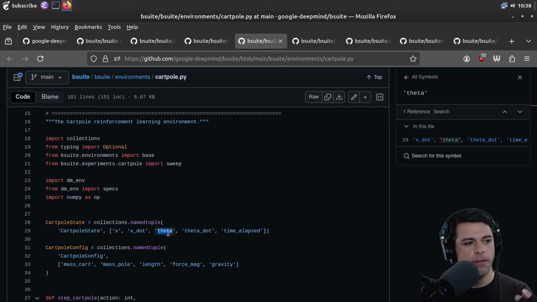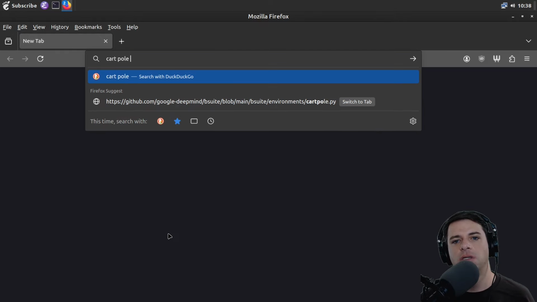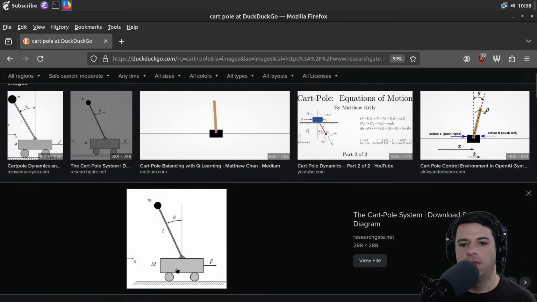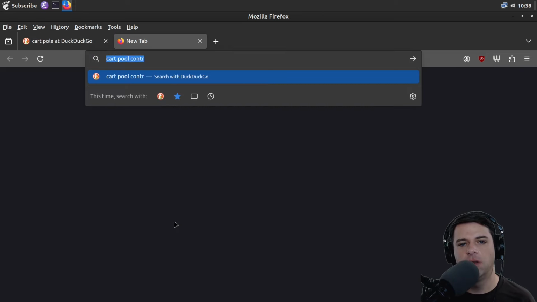Okay, so this is a car that goes left and right on the screen, and it has a pole, and theta is the angle that the pole makes with the cart, and you're trying to keep up the pole. This is a classic control theory problem.